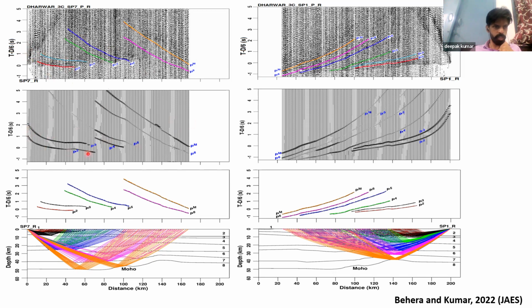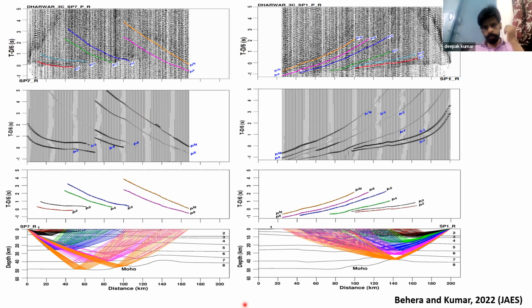So it's a synthetic. And wherever there is no interface, the amplitude becomes zero. So at each interface there is a presence of amplitude. And the kind of thing which you can see here is called triplication, which is generally common for wide angle seismic data. Okay, and this is for P wave.